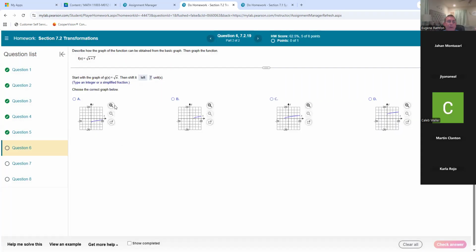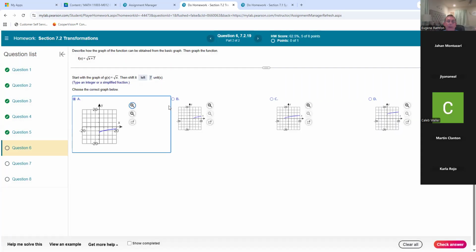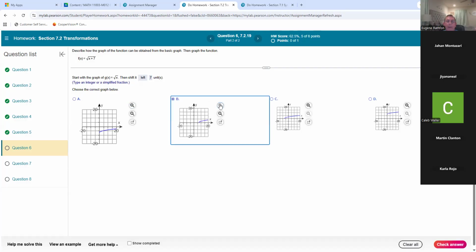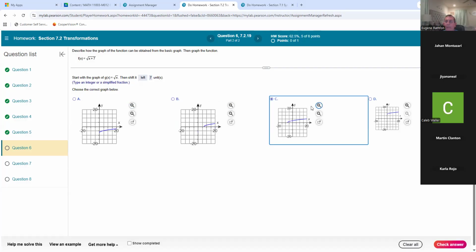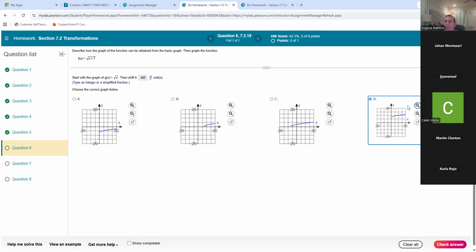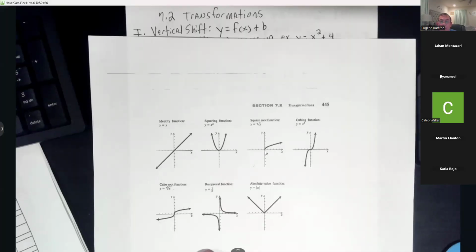All right, this one will have 3 pictures to choose from. And y'all, I'll show you the square root graph real quick. So y'all, the square root graph is the third one on the top.